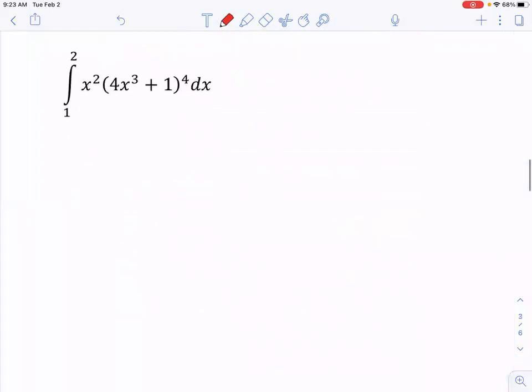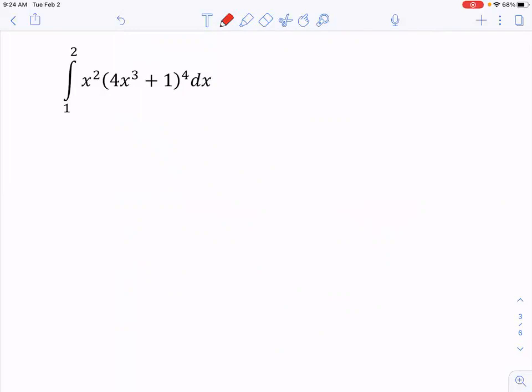Let's go through another example. But this time we're going to look at when our integral maybe doesn't have everything it needs inside and we have to make an adjustment. Okay.